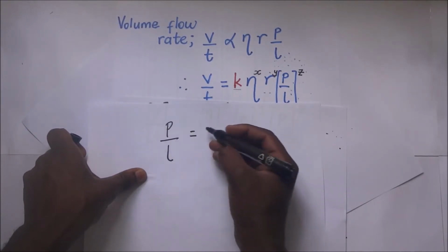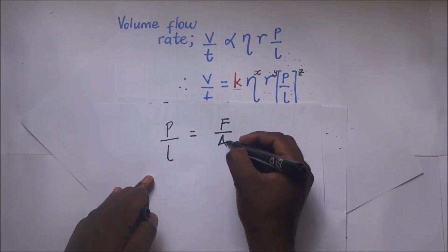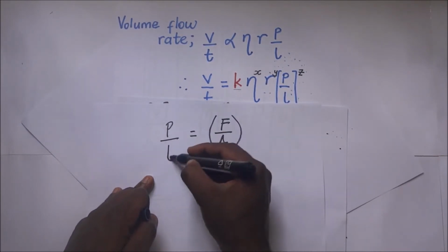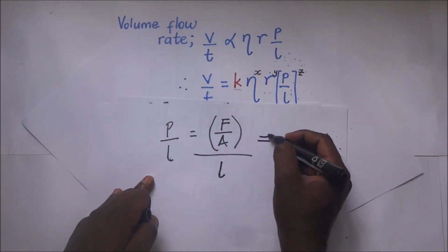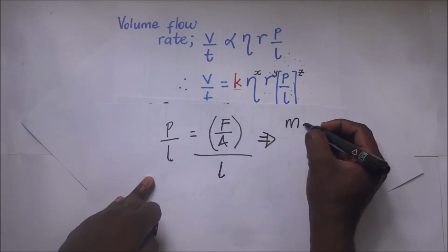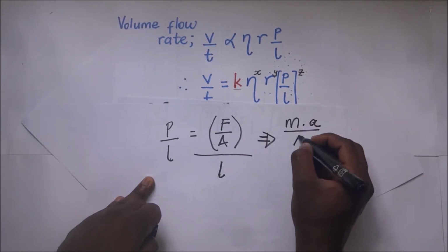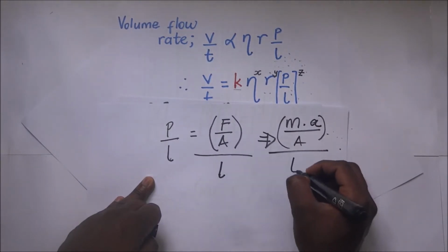The pressure, we know that pressure is given by force over area. That is pressure, divide that by L, the length. Now we all know that force is given by mass times acceleration, divide that by area. All this, divide that by the length.